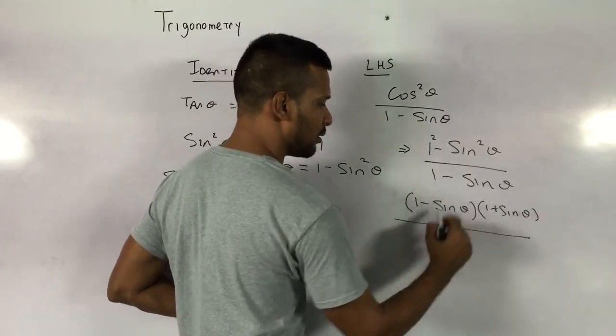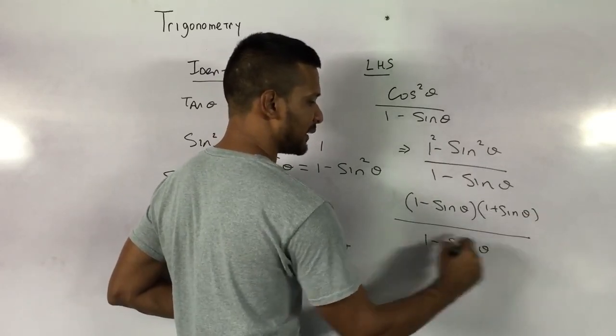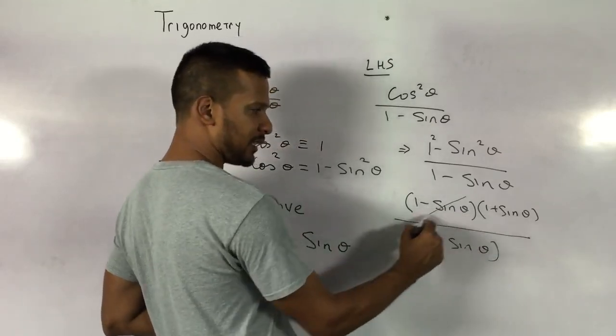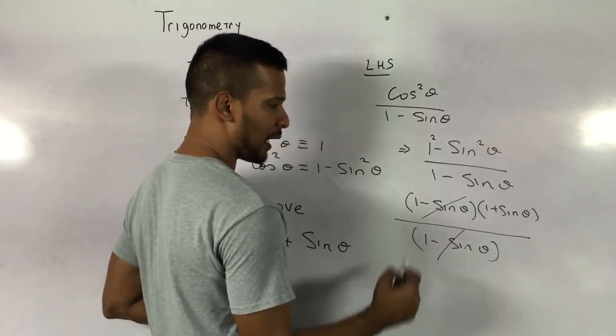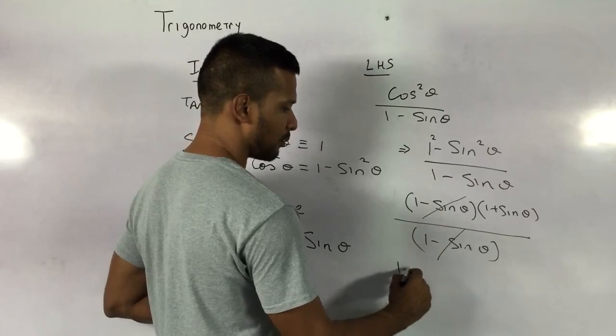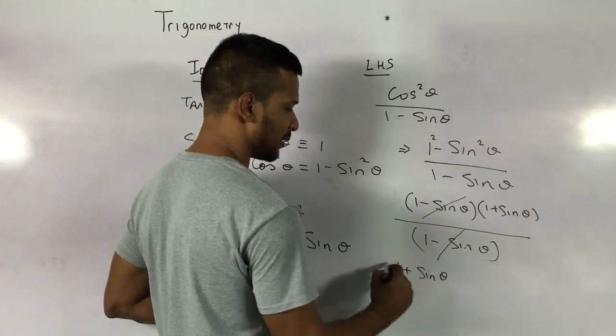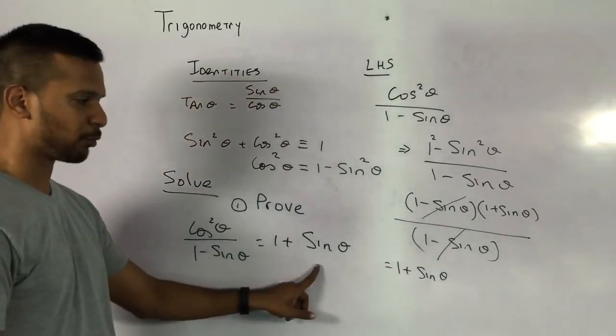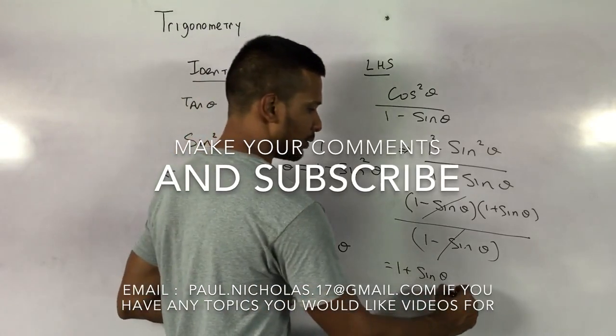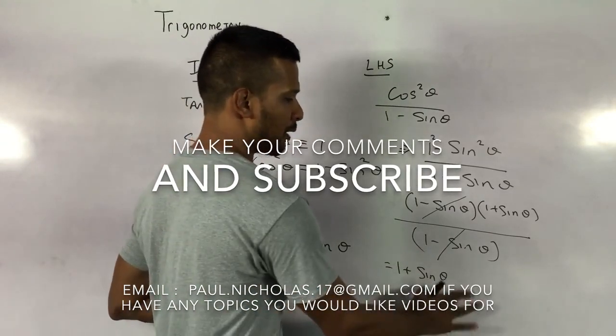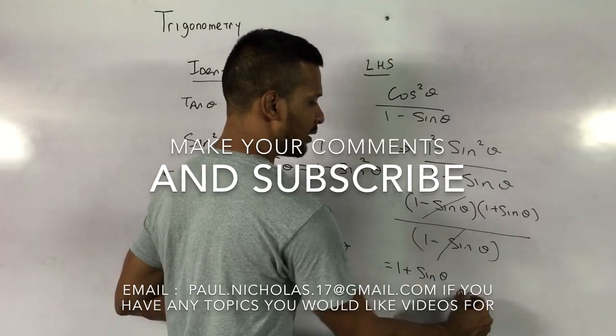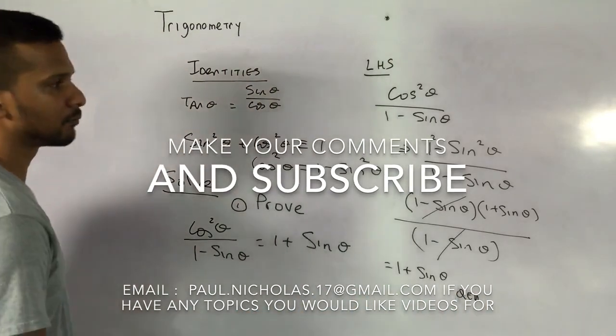And this is all over 1 minus sine theta. If you look closely, this will cancel with this. And we'll be left with 1 plus sine theta, which is what we were asked to prove in the beginning. So, draw a little box so we can write QED, which means proved it. Okay?